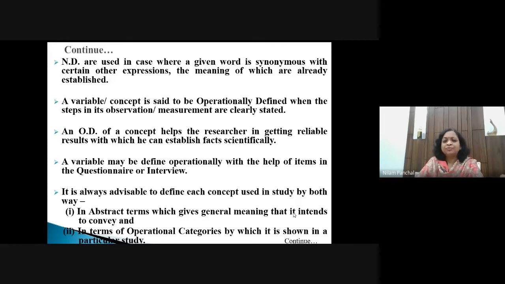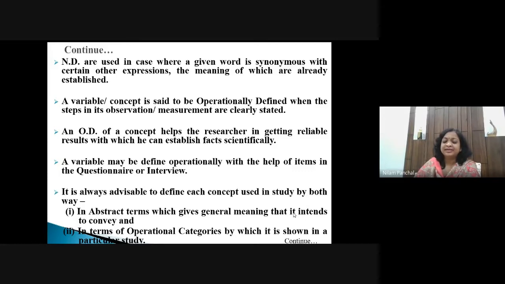So an operationally defined concept helps the researcher in getting reliable results with which he can establish the facts scientifically. A variable may be defined operationally with the help of the items in the questionnaire or interview. And it is always advisable to define each concept used in the study both ways.